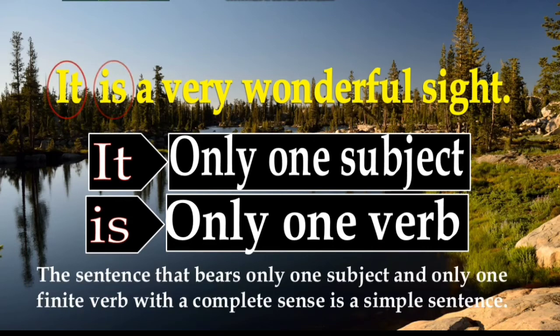The sentence that bears only one subject and only one finite verb with a complete sense is a simple sentence. So we get the definition of a simple sentence. A sentence which has only one subject and only one verb with a complete sense is called a simple sentence. Here, it is a very wonderful sight is a simple sentence.